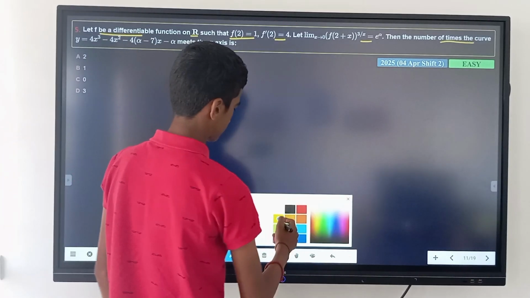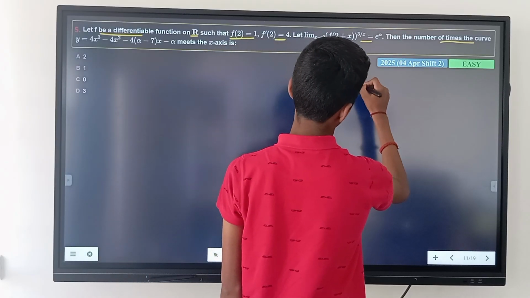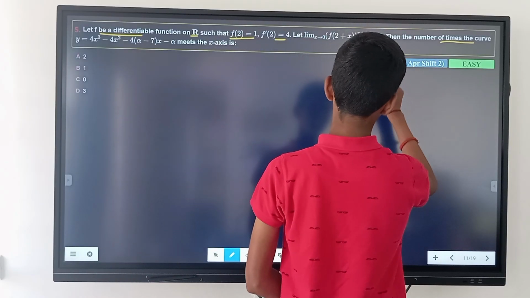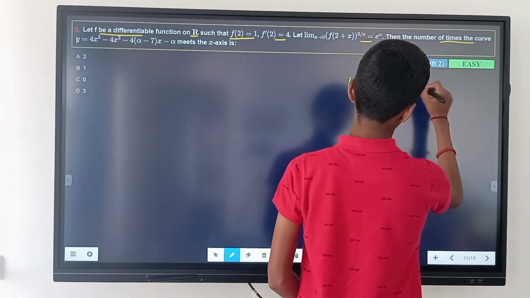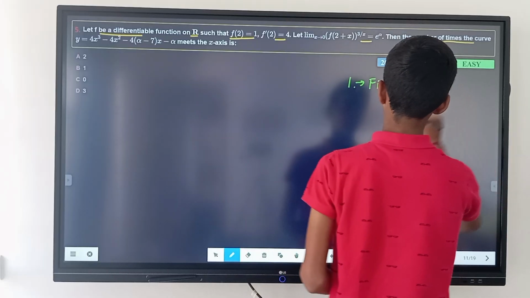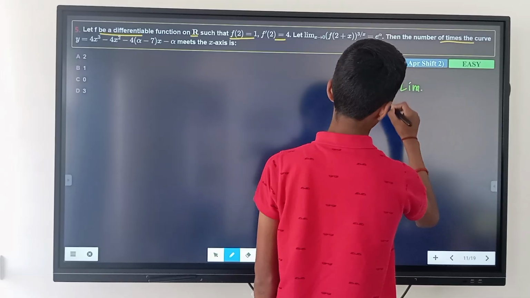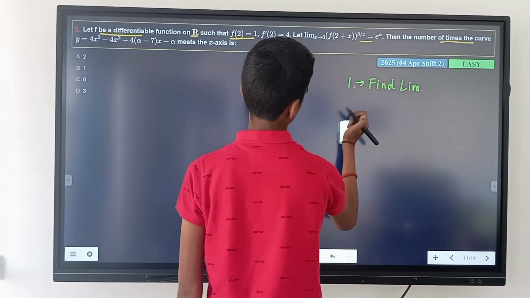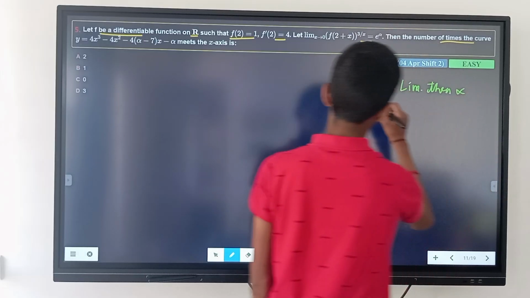So to solve this question, first we are going to write the steps. First step to solve this is to find the value of the limit, and second step is on comparing, find alpha, or let's write find limit, then alpha.